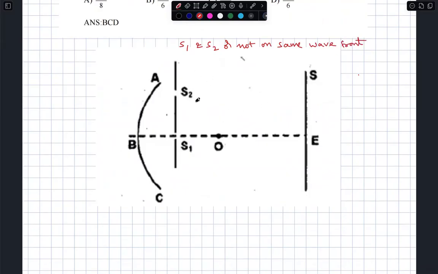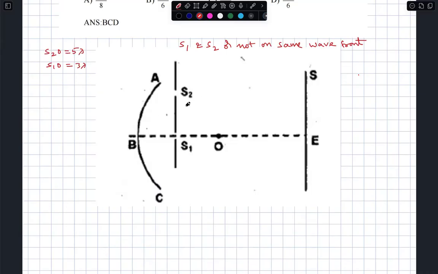Why? I'll explain this. We know S2O is 5 lambda. S1O is 3 lambda. Now tell me how come they lie in the same wavefront?